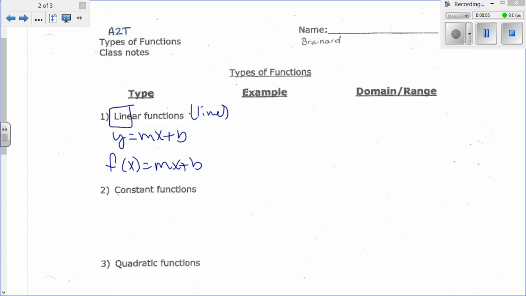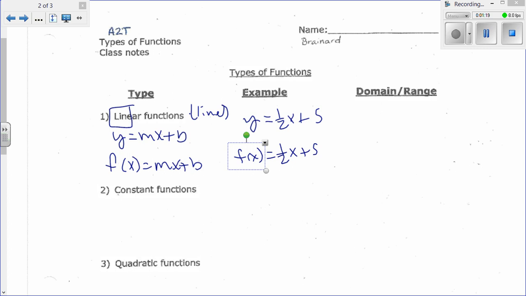And yesterday in the notes, we talked about the fact that f of x and y are interchangeable. They mean the same thing.